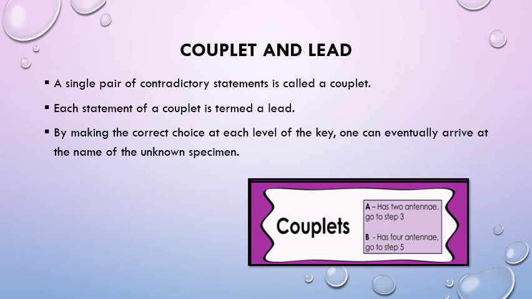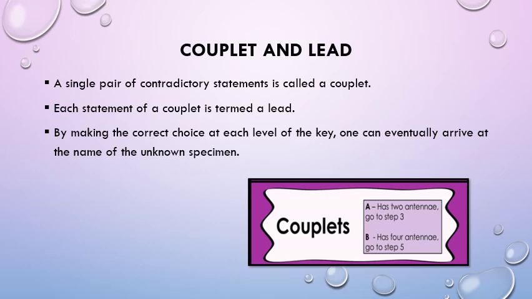Now, what is a couplet and a lead? A single pair of contradictory statements is called a couplet. Each statement of a couplet is termed a lead. As you can see in the image, this is a couplet. The couplet has two contradictory statements: statement A has two antennas and statement B has four antennas. Each of these statements is termed a lead.